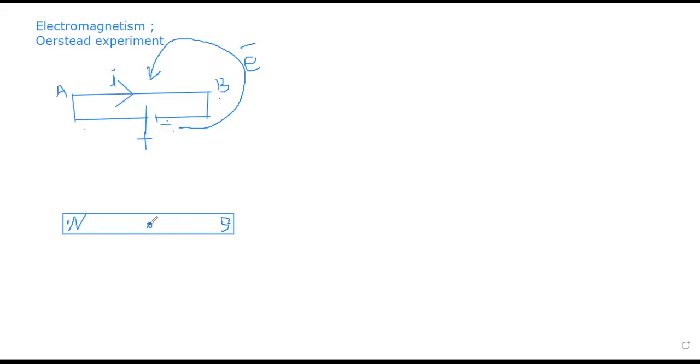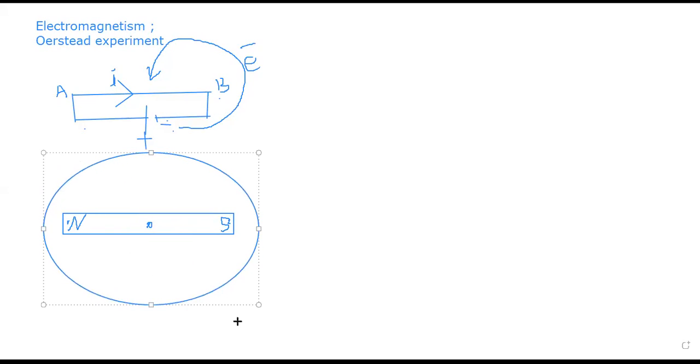So if you take a magnet, around this magnet you will have a magnetic field, where this magnet or any of these two poles can attract or repel a magnetic substance or any other magnet.